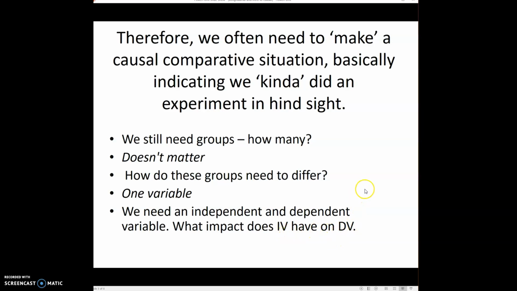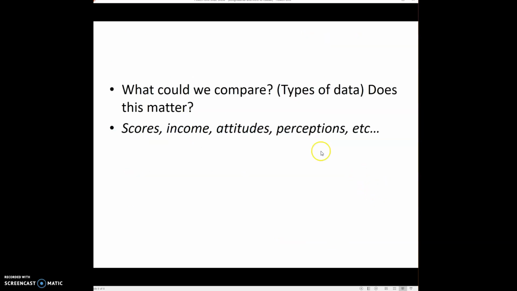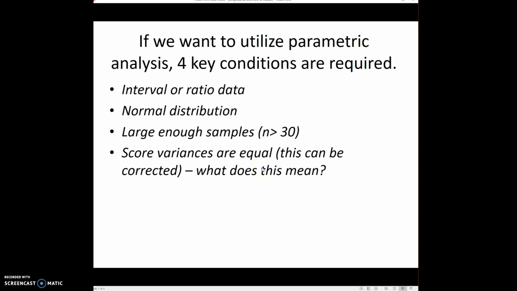So this has to work under some assumptions. So we can compare types of data. We can compare scores, incomes, attitudes, perceptions, whatever, between one or more groups. And we can do that because we have multiple types of tests that we could utilize. But here's the thing that we really have to keep in mind. And this is absolutely critical, especially when it comes to choosing a statistical test.